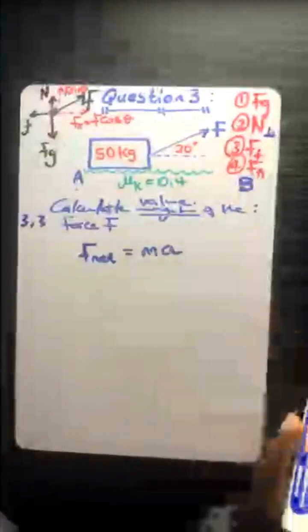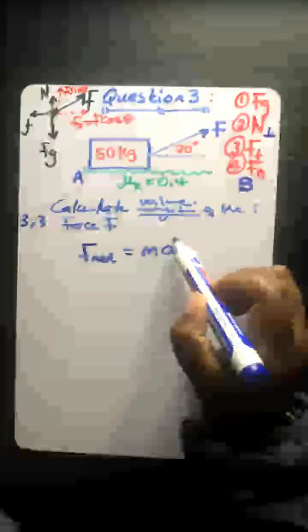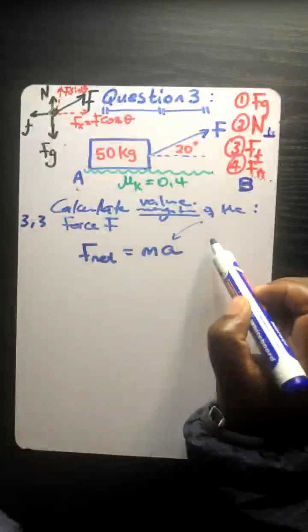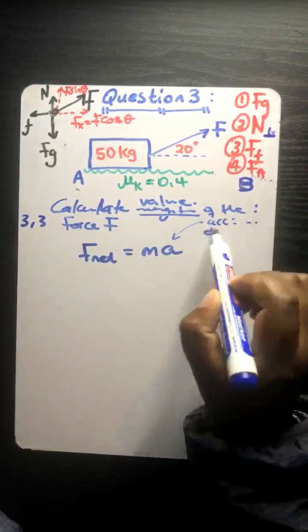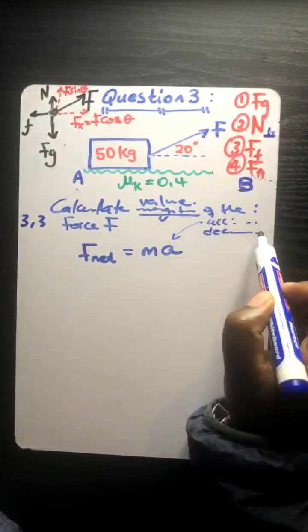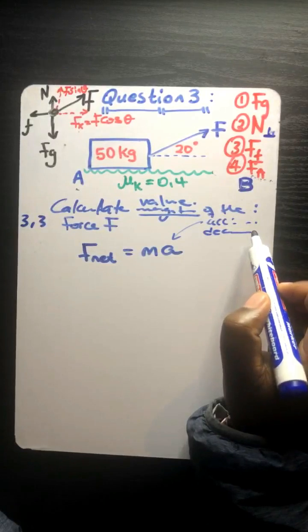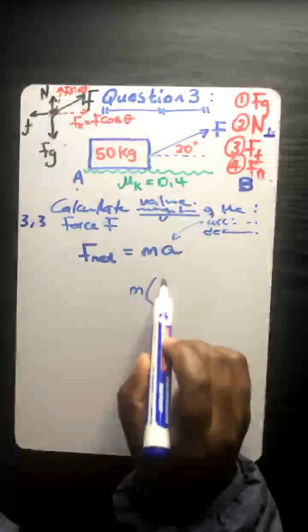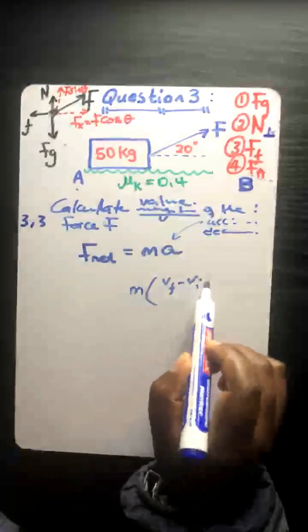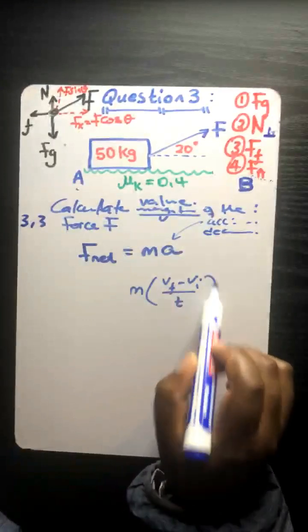I know that the formula says net force is equal to ma. You expand that a if you've got acceleration or deceleration. But where they say it moves at a constant velocity, it's v final minus v initial divided by the time.